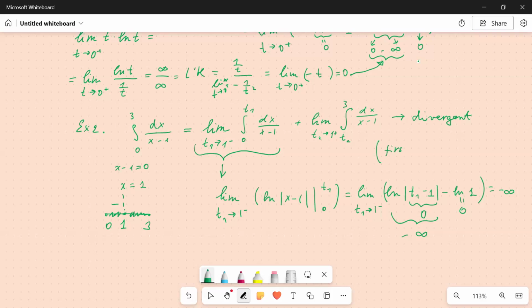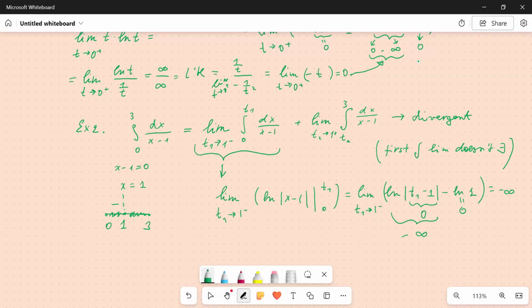First integral limit does not exist. So you don't even need to calculate the second one. The second one probably exists, it doesn't matter. If one does not exist, we are fine and we don't need to calculate. So this one is divergent, which means we won't be able to calculate the area.